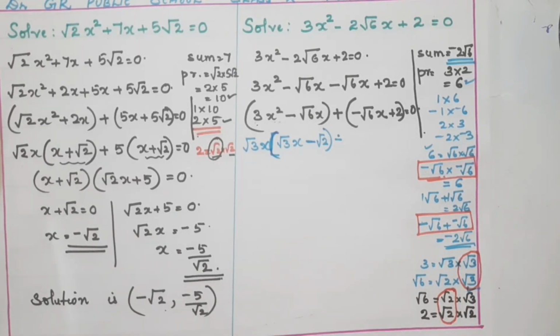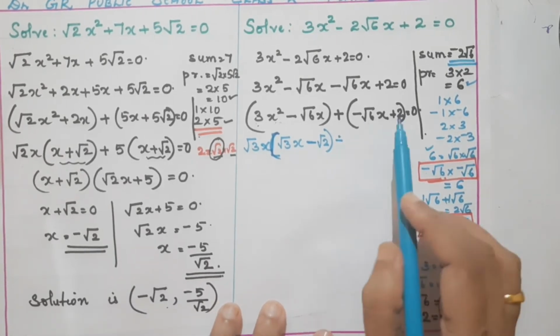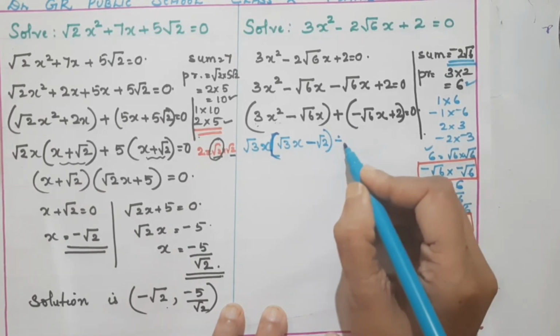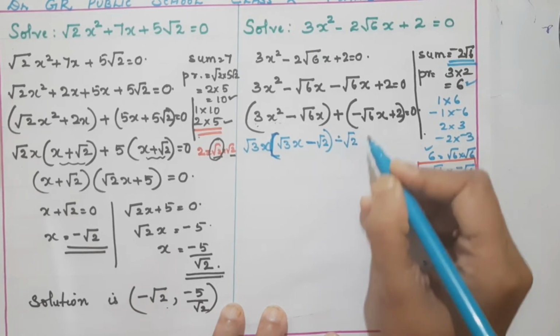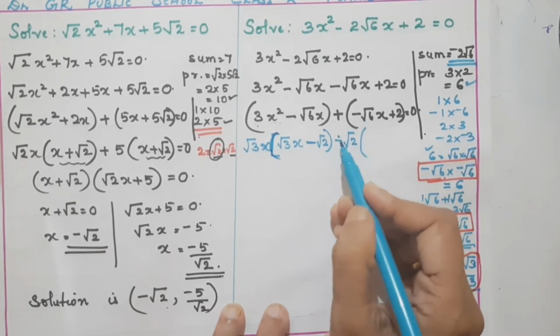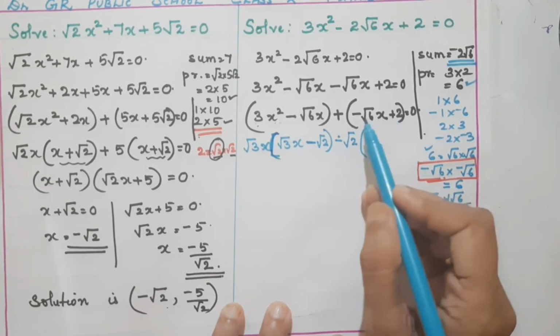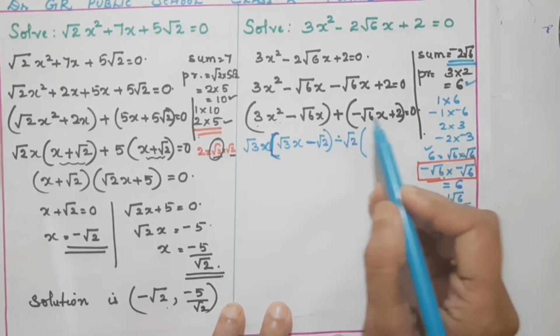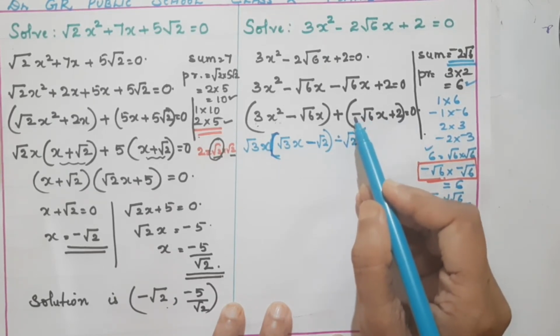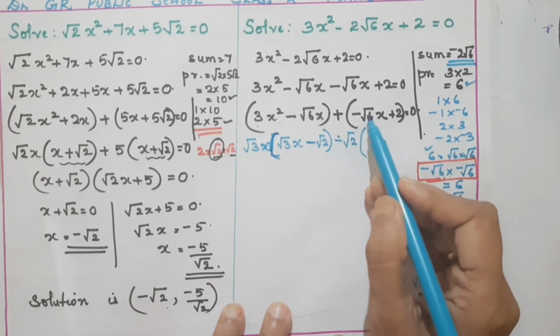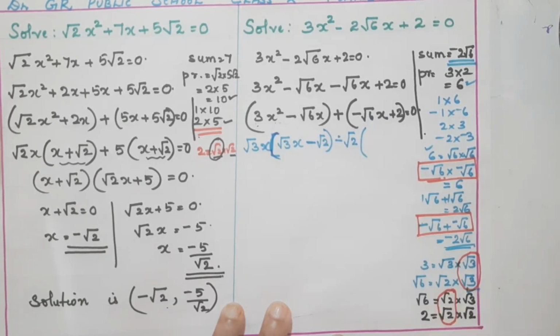So you should understand that from these two terms also we can take root 2 outside. So we are taking minus root 2. Okay. What is remaining? We have taken minus root 2 outside. When we take a negative number from outside from the bracket, from an expression, all the signs will change here. So minus root 6x, we have taken minus root 2. So remaining will be positive number.